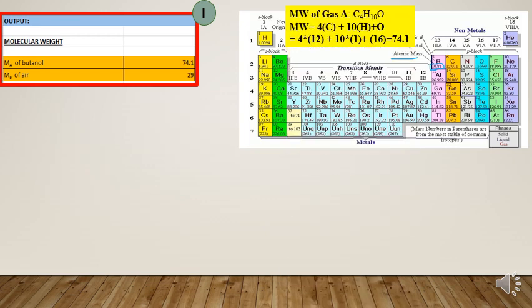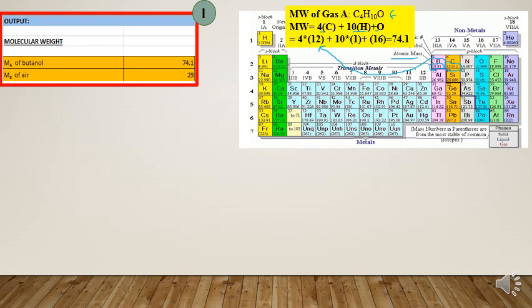For example, in this case, our gas A, which is butanol, has the formula C4H10O. It consists of 4 atoms of carbon, 10 hydrogen and 1 oxygen. So let's take a look at the value of C from the periodic table. The C here is 12.011. I just take it as 12 and multiply with 4.